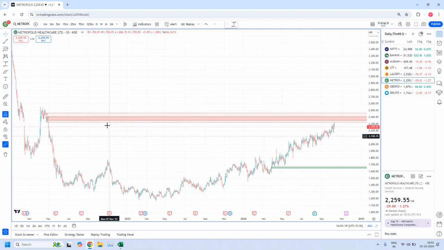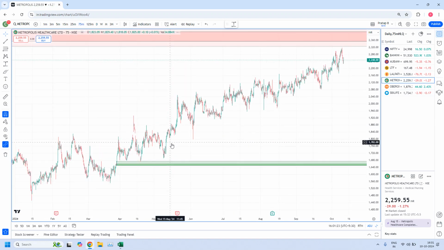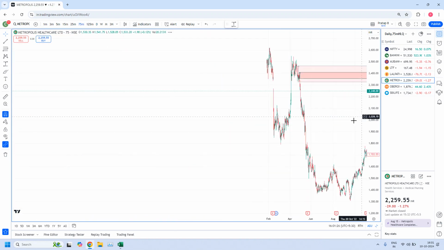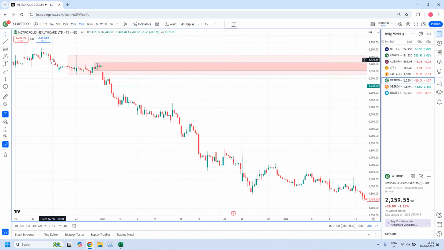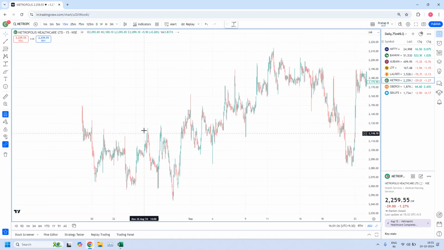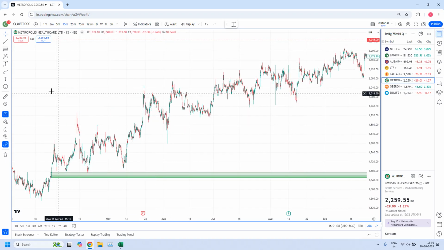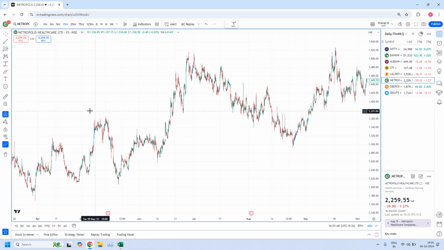Let me show you, because this zone has to be violated very soon. The 75 minutes time frame identified a fine-tuned 75 minute zone in the daily high liquidity zone. So you have a rally, 1, 2, 3, 4 base candles and a drop. But go to the 15 minutes time frame, the structure is not really good.